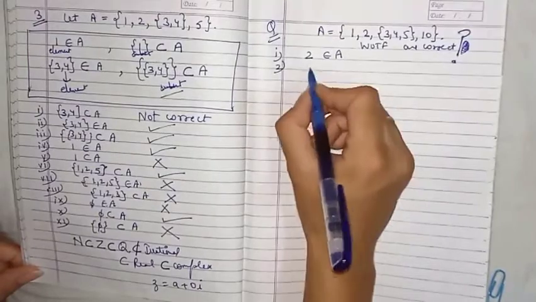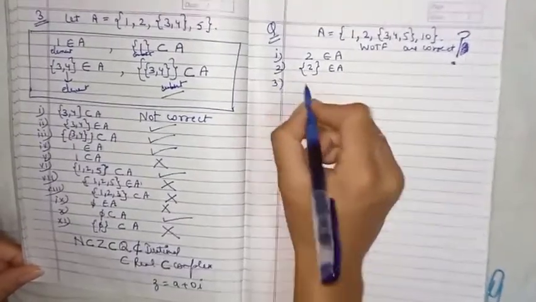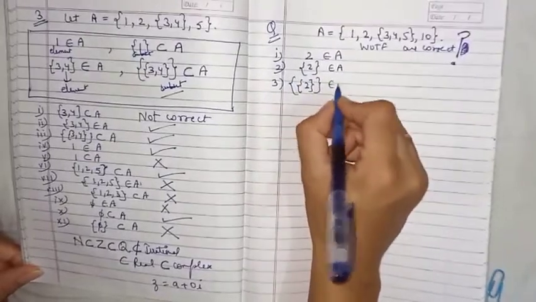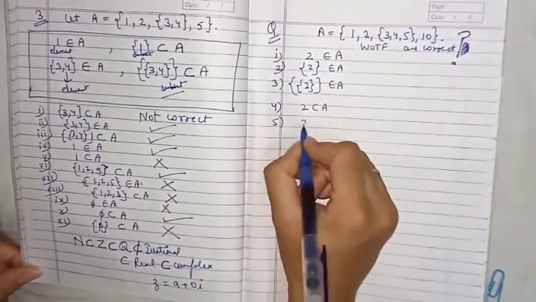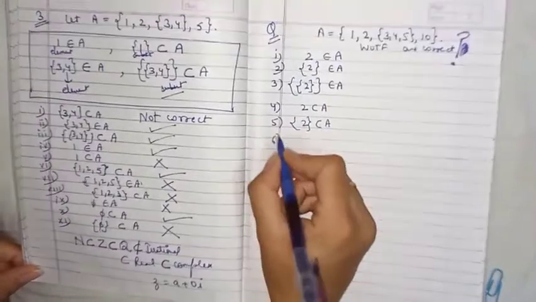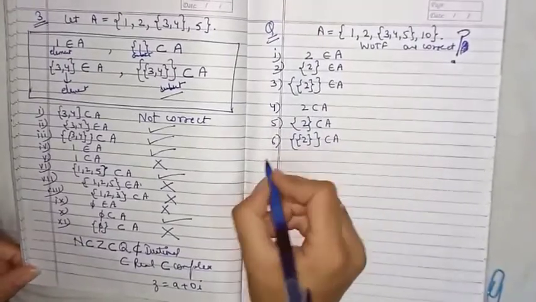Second part is 2 belongs to A. Third part is 2 belongs to A. Fourth is 2 subset of A. Fifth is 2 with bracket subset of A. Sixth is 2 with this subset of A.